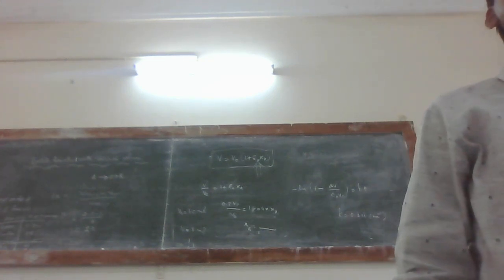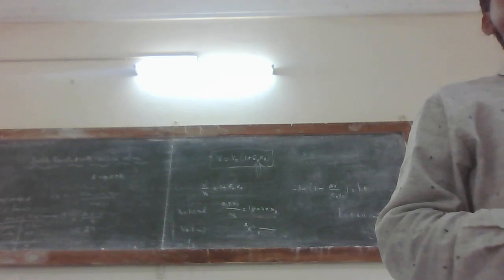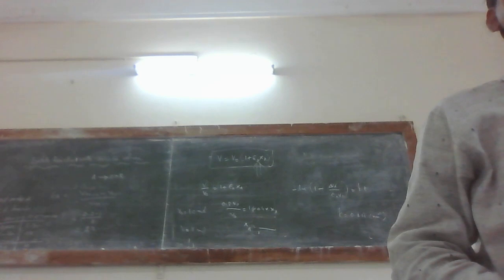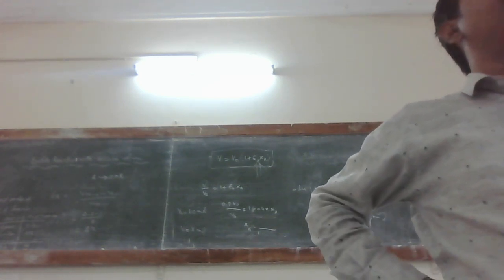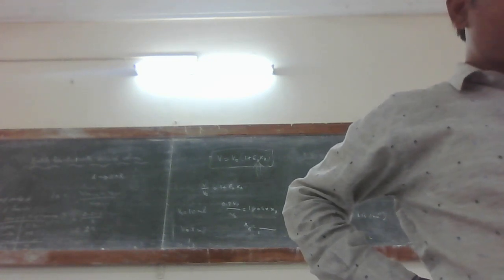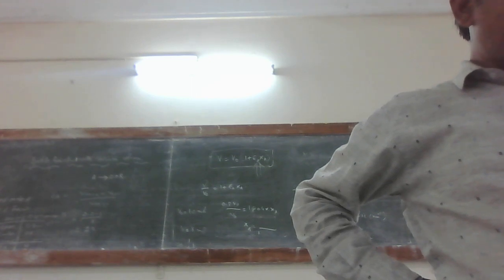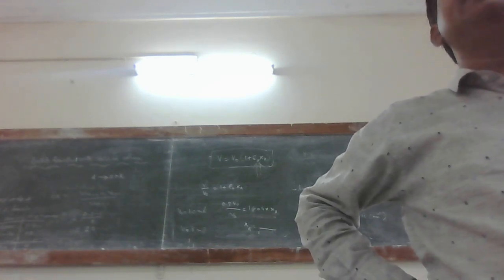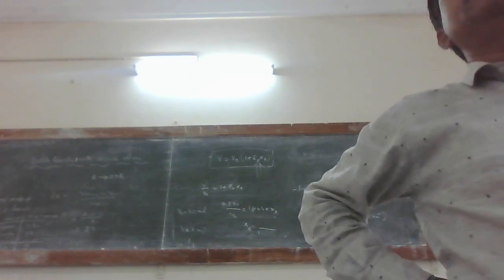So your expression is minus ln of 1 minus delta V, that is V minus V naught. From that, what is your K value? 0.0346 minute inverse. Keep the data aside.